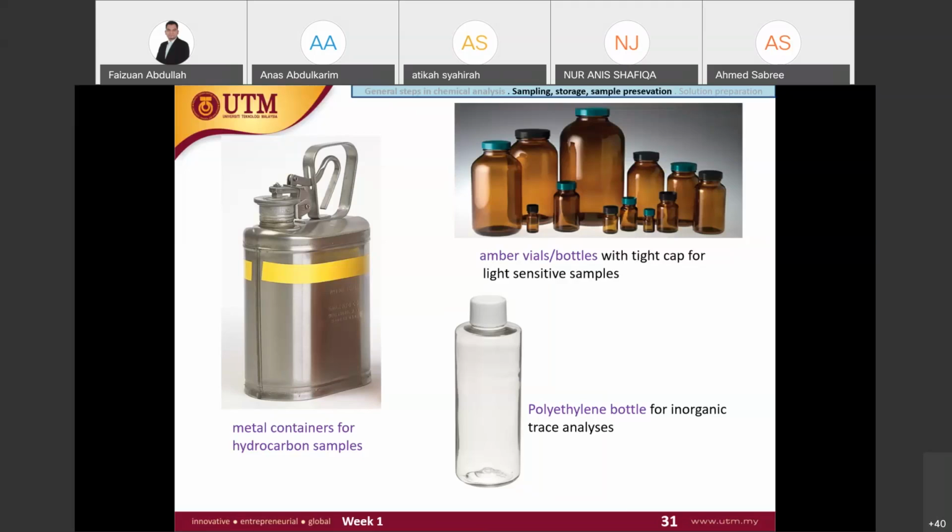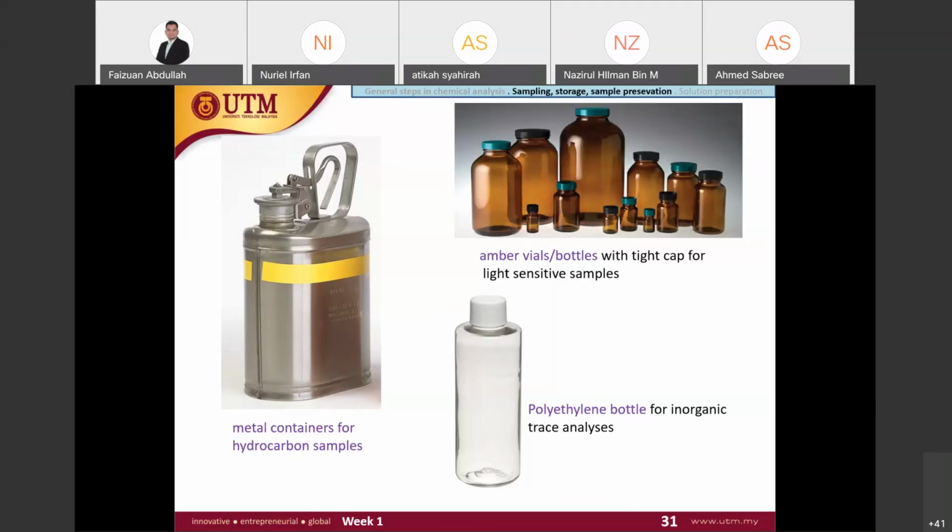Because amber vials is for light sensitive sample. What happens if we put our sample inside the amber vial bottles? Can we do it? Nothing happens, right? It does not affect our sample, but it is quite expensive for the amber vial or bottles, right? Rather than the polyethylene bottle. So we just use polyethylene bottle, right?